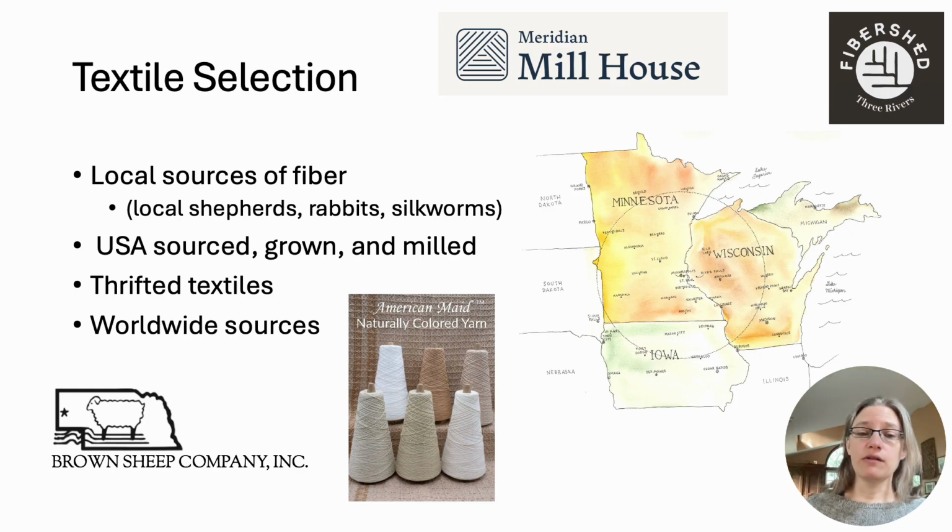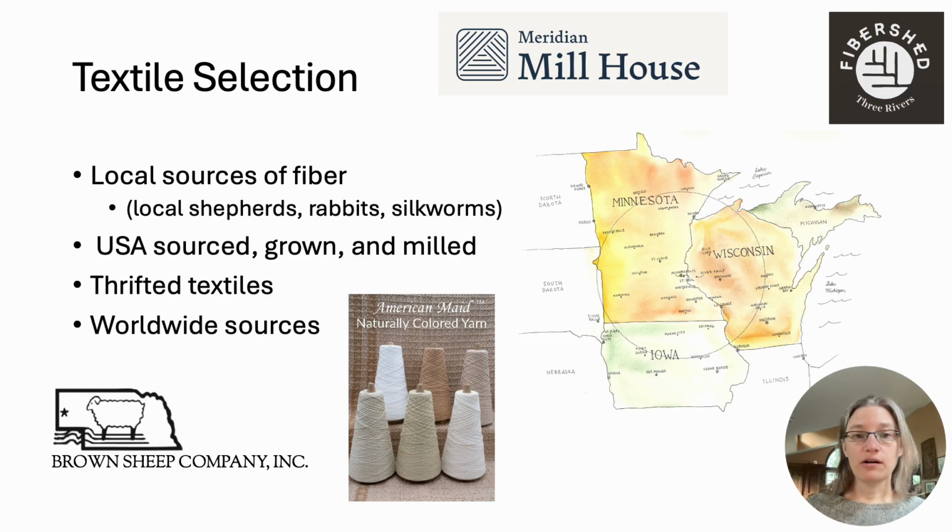So there's a little bit of a renaissance right now with our local fiber producers, local groupings of fiber producers, and local fiber mills. There have been a lot of shutdowns, and in the times of the current economy, it can be hard for these places to make ends meet. So it is important to support them however we can, because it is a great resource, especially for those of us who are doing this dye work.